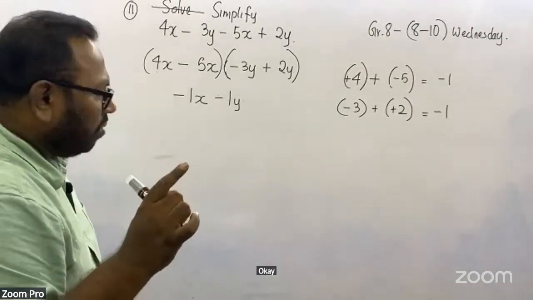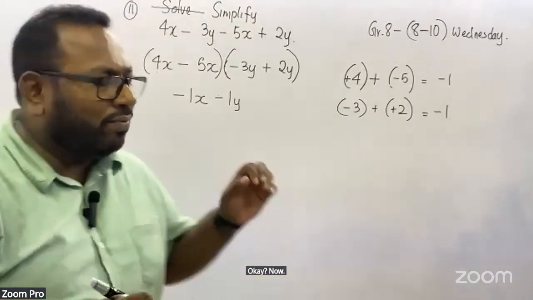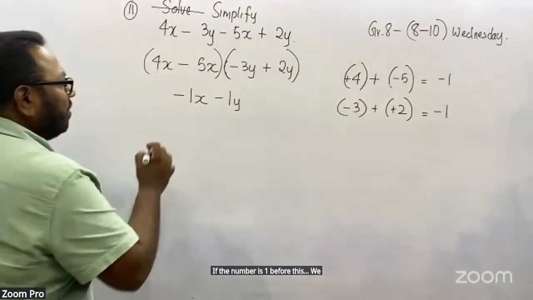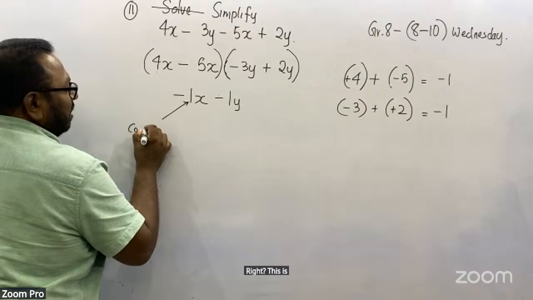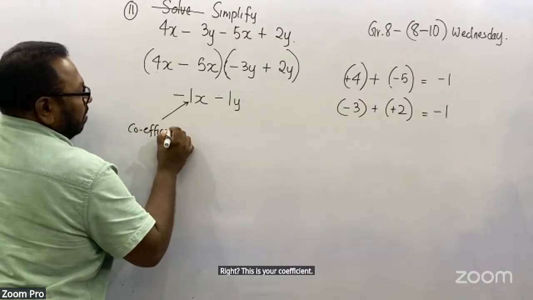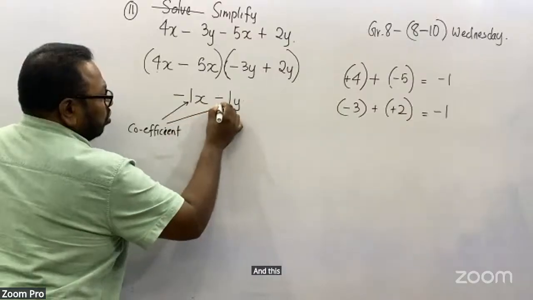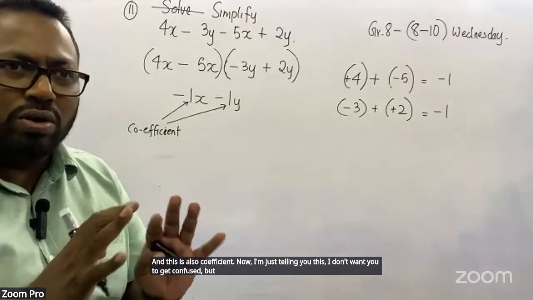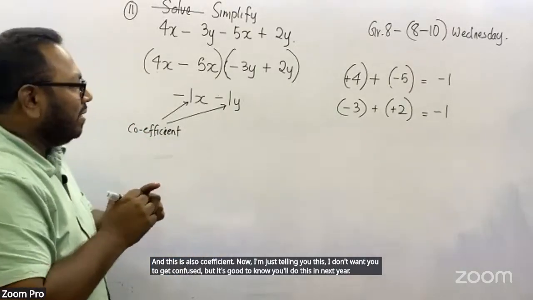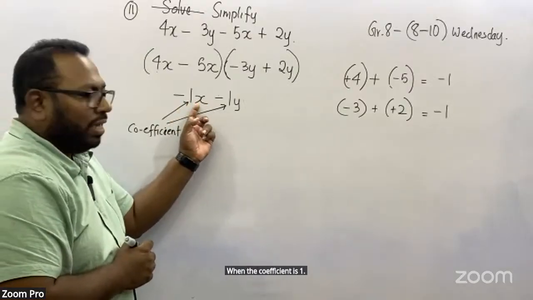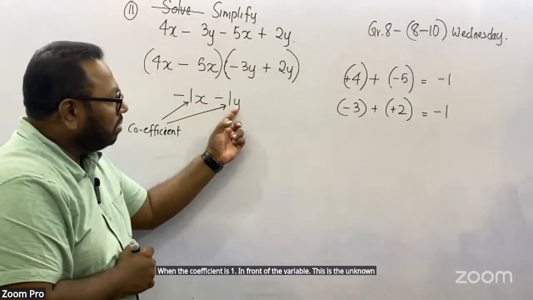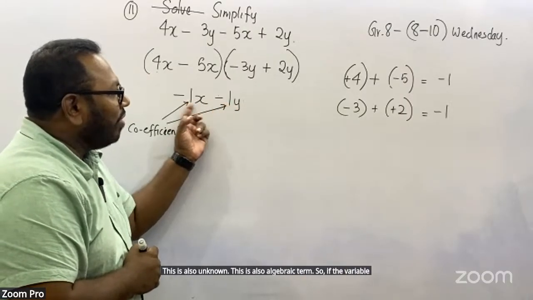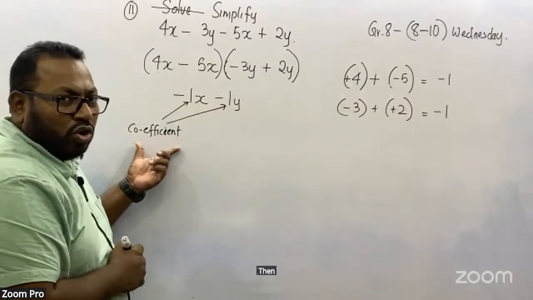Now, in maths, the number before the variable we call the coefficient. This is your coefficient, and this is also a coefficient. I'm just telling you this, I don't want you to get confused, but it's good to know. You will do this next year. When the coefficient is 1 in front of the variable, you don't have to write the 1.